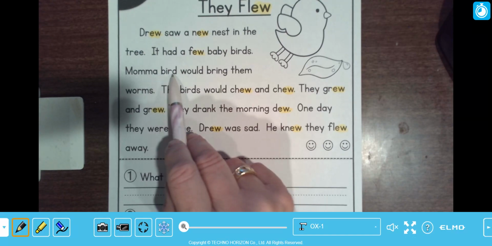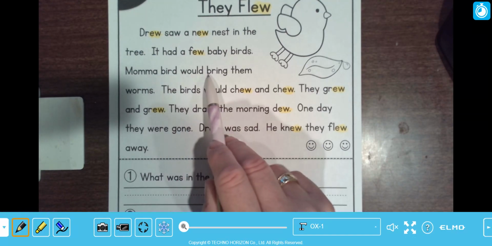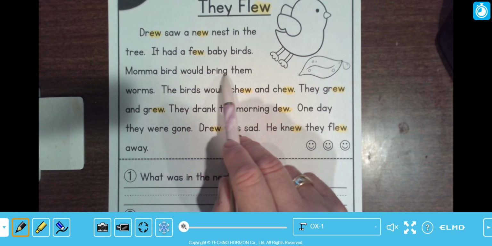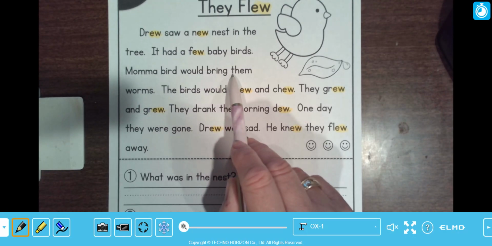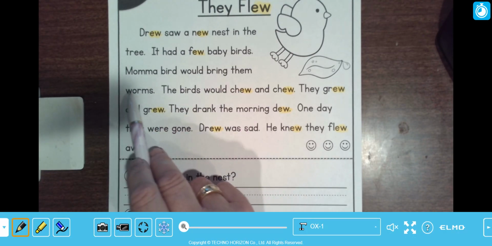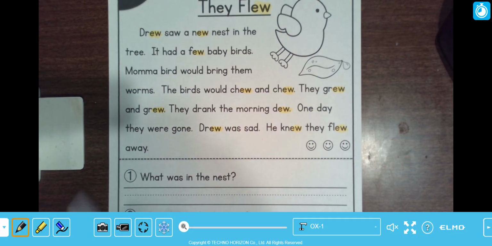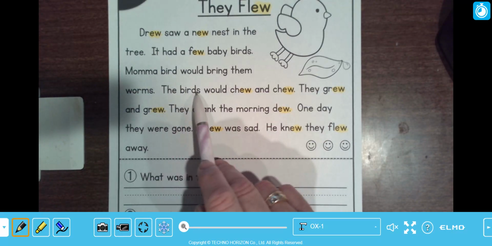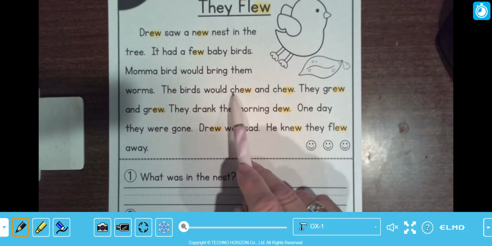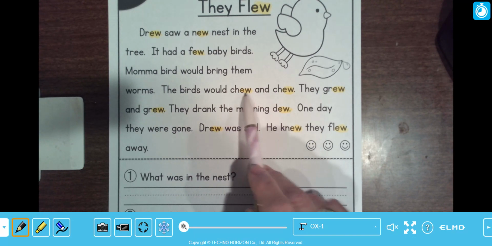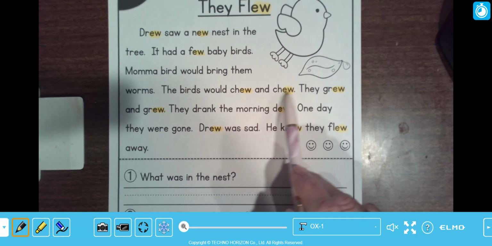Ma bird would bring them worms. The birds would chew and chew.